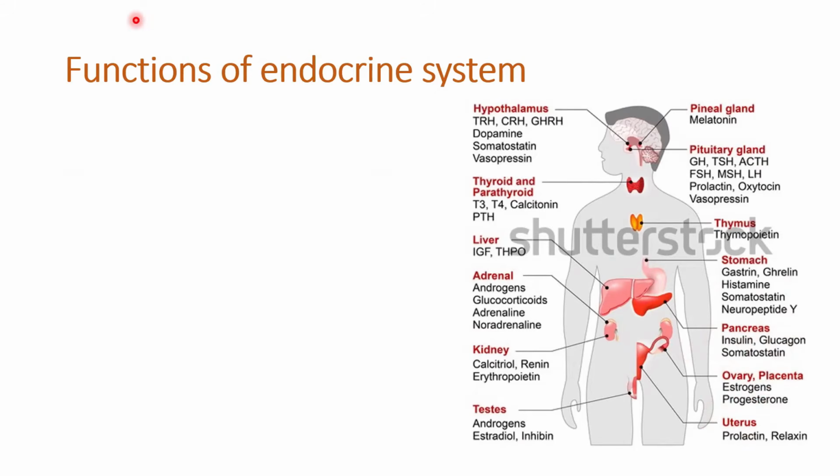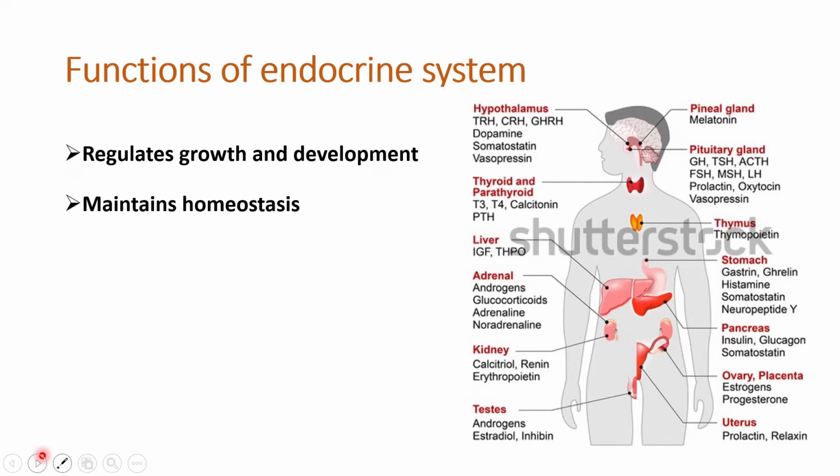The functions of the endocrine system are related to those hormones produced by those endocrine glands. As you can see here, it regulates growth and development, a function of growth hormone.